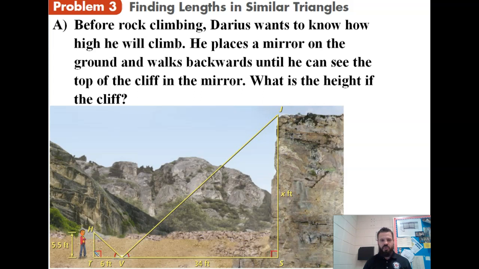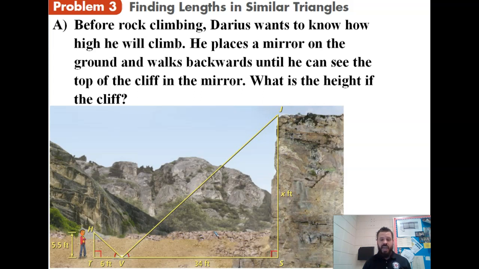And the trick with this problem is if Darius positions himself so we can see the top of the cliff in the mirror, a physics property is that I know these angles of reflection will be congruent to each other. So what I have here are two triangles with one set of congruent angles and another set of right angles which are congruent.